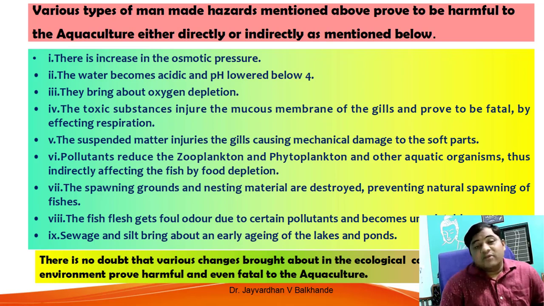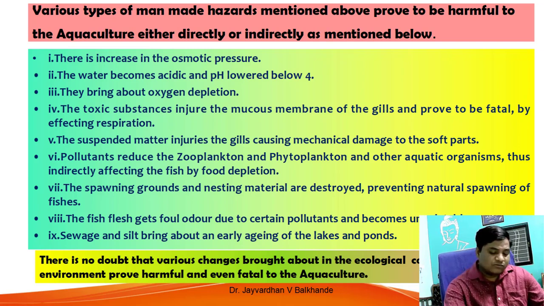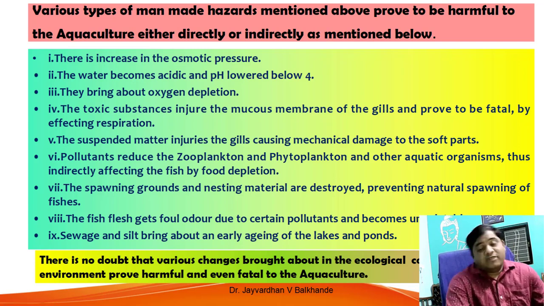Then the next is agricultural sewage, means whatever insecticides, pesticides, herbicides, chemicals, and fertilizers they are using, that may be dangerous to the ecosystem and dangerous to the food chain. Okay, it collapses the food chain.